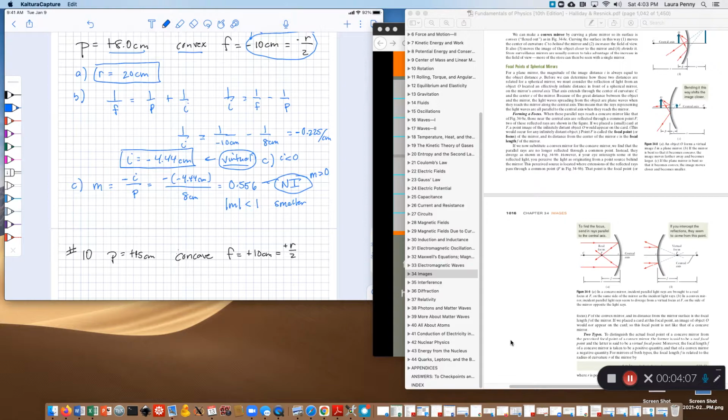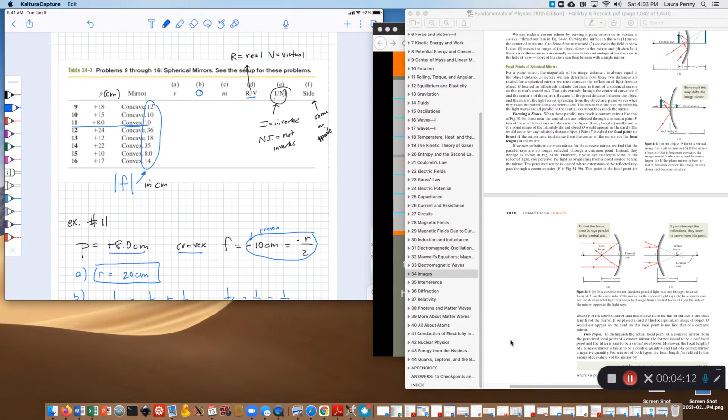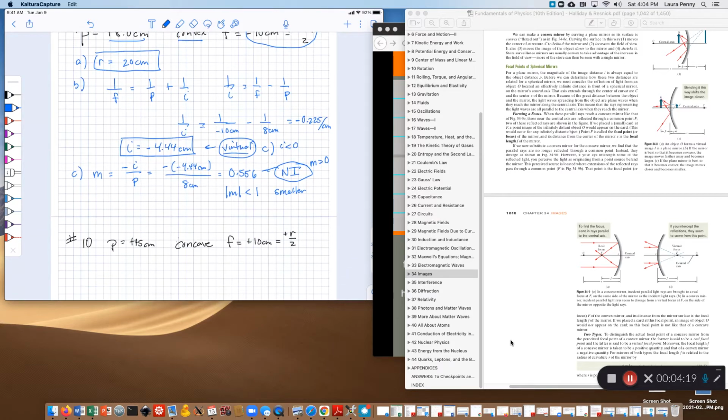It's a positive magnification. It doesn't ask me smaller or larger, but it does ask me what side it's on, and this is a mirror. I have a virtual image. So for part E, it's virtual, which means it's on the opposite side.